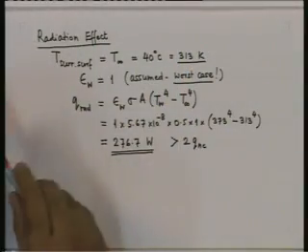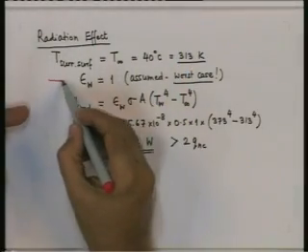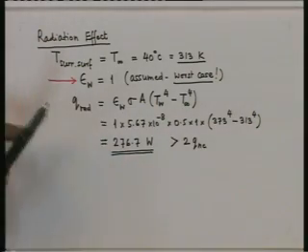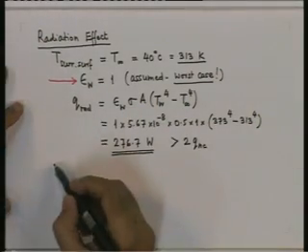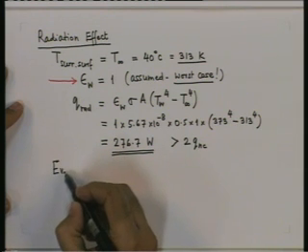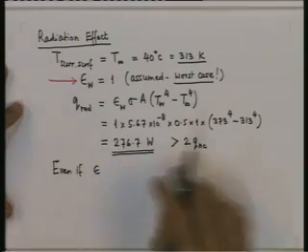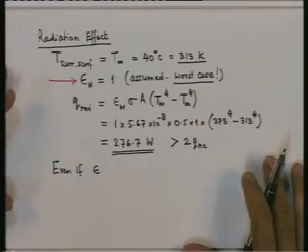Now here we have assumed that the emissivity is 1 as a worst case. We will notice that even if emissivity were less than 1, emissivity 1 means it is a properly blackened surface and its emissivity is that of a black body.